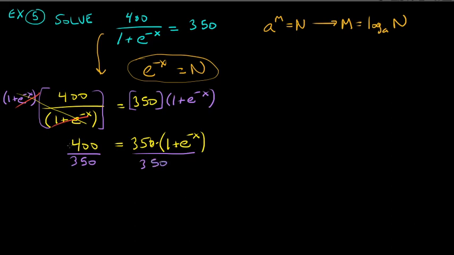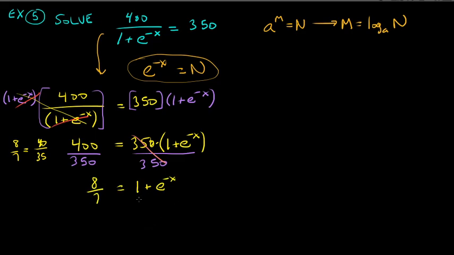Yep, the 350 cancels on the right side, and on the left side, you get 40 over 35, and if you divide by 5, you get 8 over 7. So this reduces to 8 over 7. And on the right, we canceled the 350s. You still have 1 plus e to the negative x.